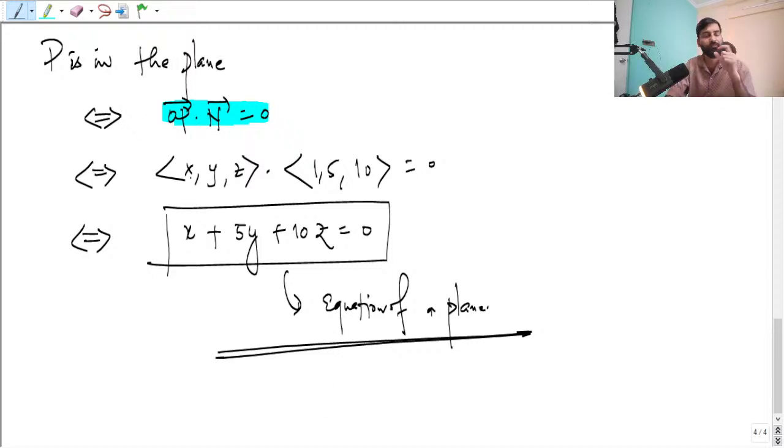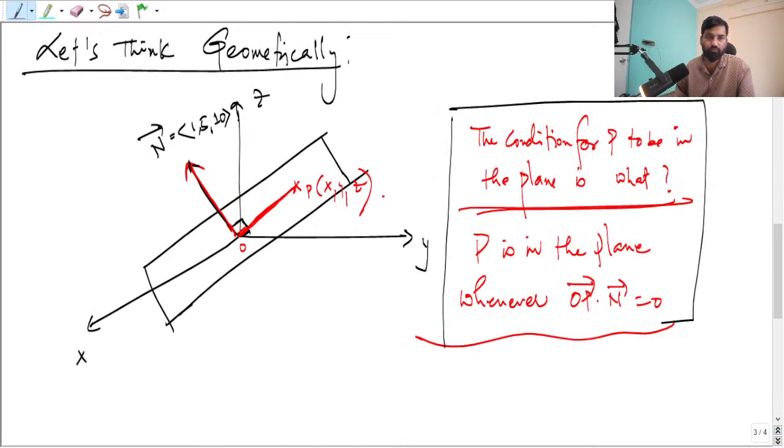Once you apply this condition, you will be able to get the equation of a plane. So you explicitly write the OP vector, and since the OP vector has components, you can say x, y, z. This is just a point, but if you try to find the OP vector like this, this is nothing but OP, the position vector as we sometimes call it.